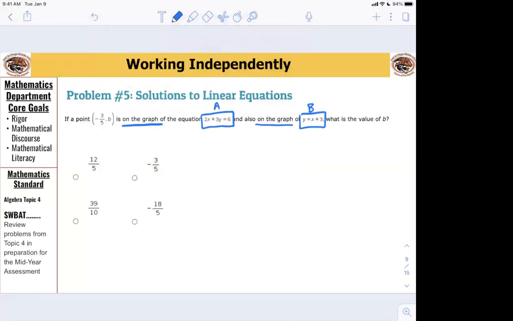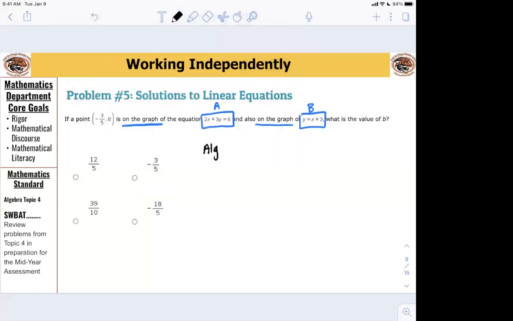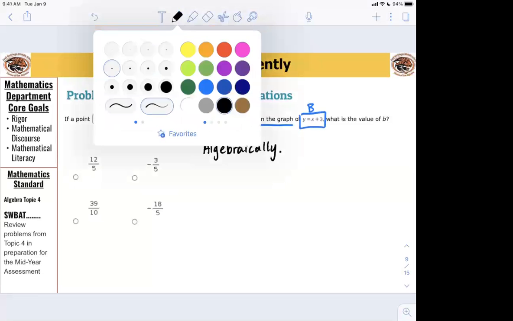Okay, couple things. There's a lot of steps to this, but basically we know that this point is on the graph, but there is no graph in front of us, right? So what we need to do instead is figure this one out algebraically. This is where we do have to do some math. Now, I have a coordinate point.